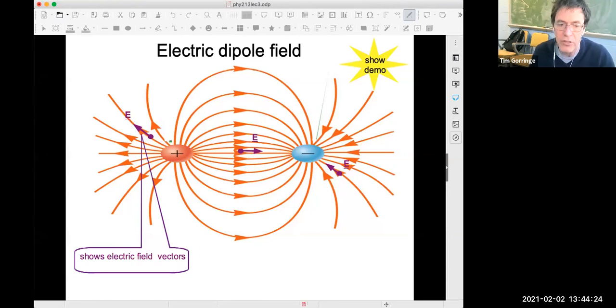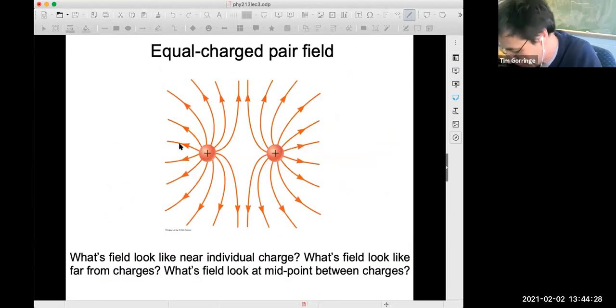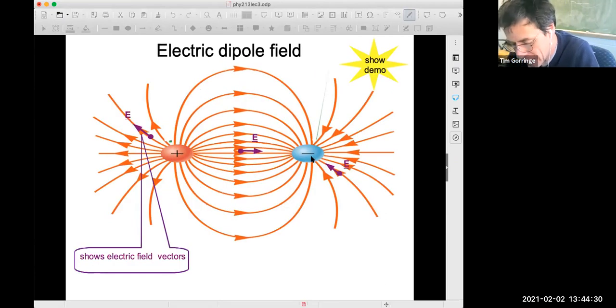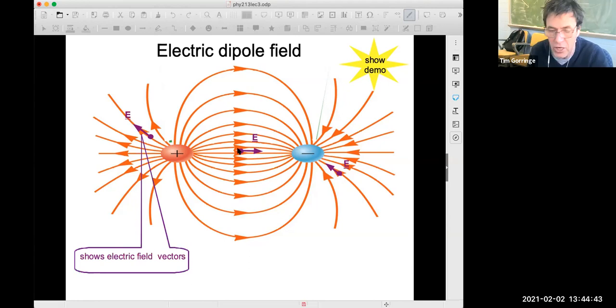The charge is always the charge. The charge on the dipole is this positive charge, and this negative charge. But their field, the strength of their field, the size of the field falls off as 1 over the cube of the distance from those two charges.